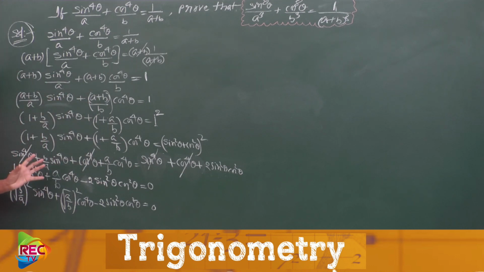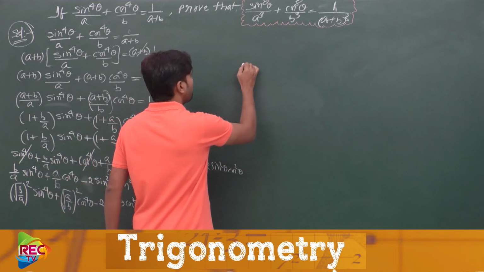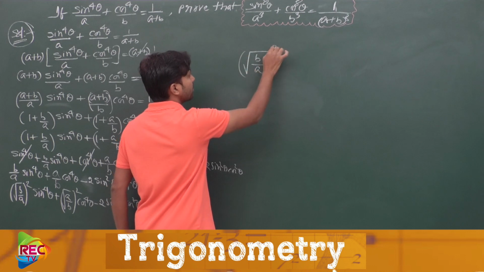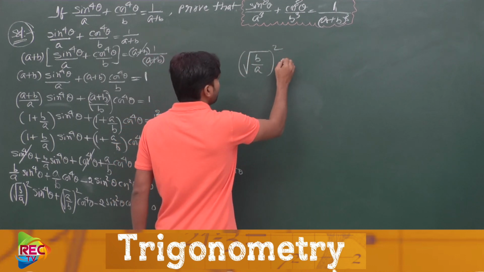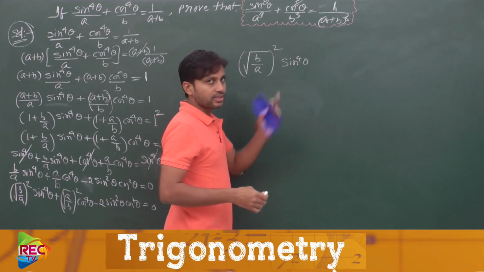See, we have done some adjustment. Now, I am showing you the first term here: (√(b/a))² and this is sin⁴θ. This is the first term.